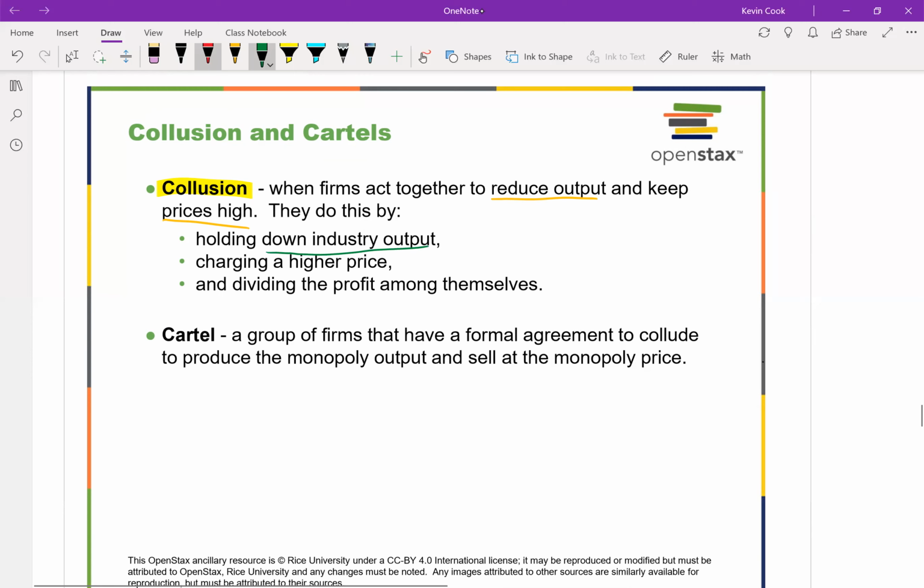So our quantity supplied stays low. But when you have a low quantity, you have a higher price. So this will lead to our price being higher. And then what they may do is divide the profit among themselves. They don't necessarily have to, but it could be something that they decide to do.